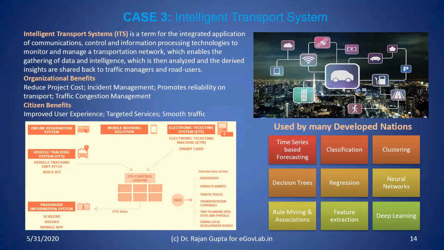And with this, we can have a passenger information system in place with their own dashboard, with screen kiosks and mobile apps, which help them in finding the correct way with respect to the usage of transportation, roads and routes that they are taking from one source to another destination node.